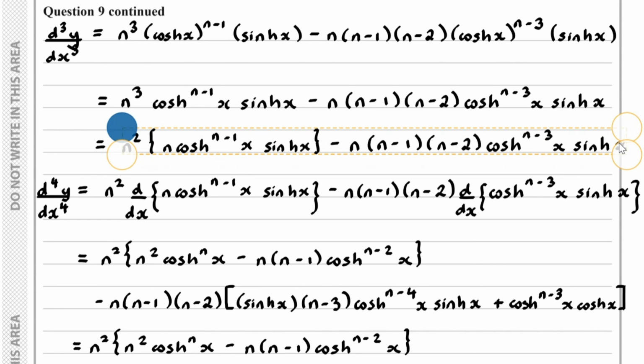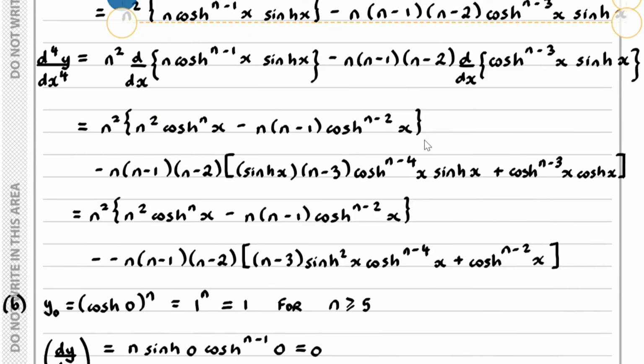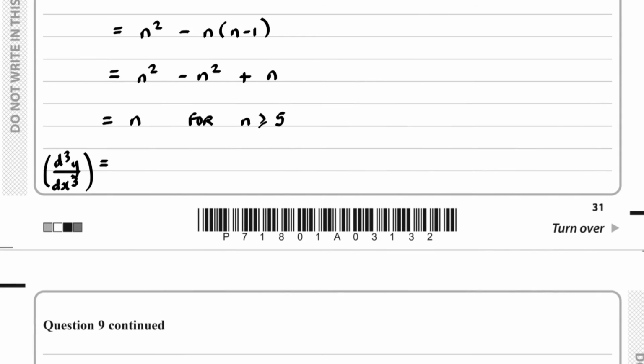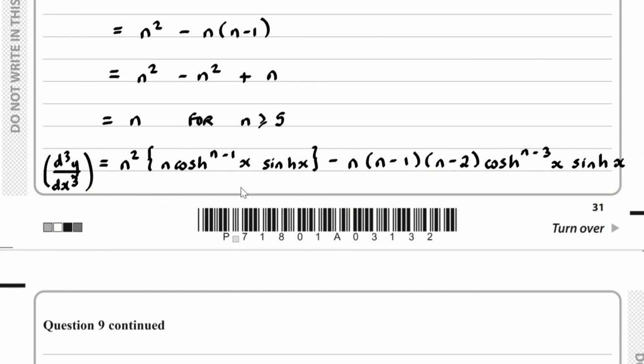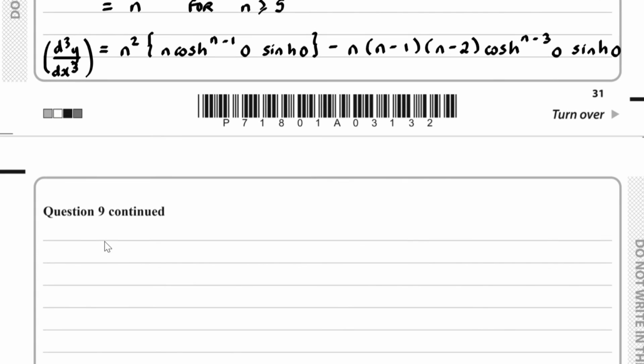That's this result here, but I need to replace the x with 0. So I'm going to replace the x's with zeros as we see here. And because sine of 0 is 0, this result will always equal 0.